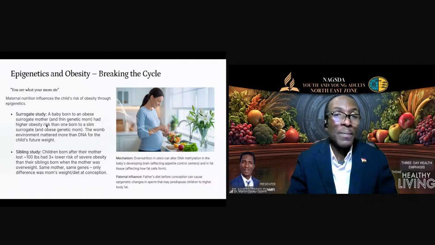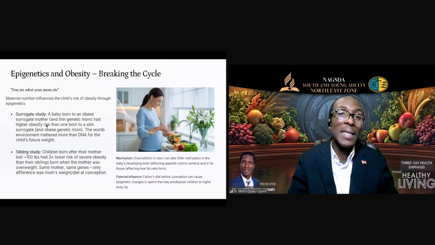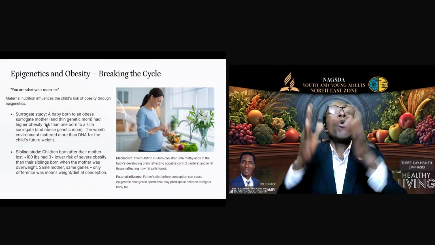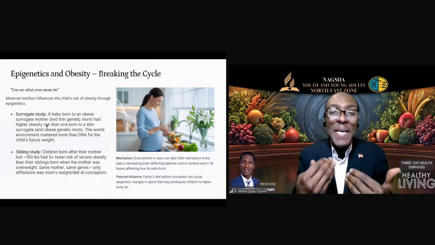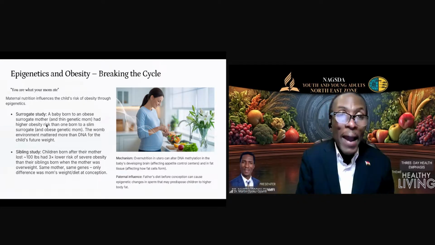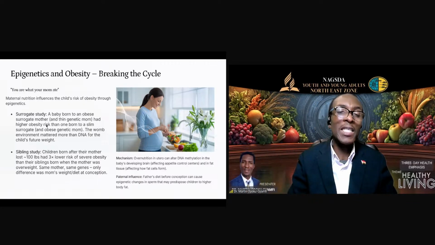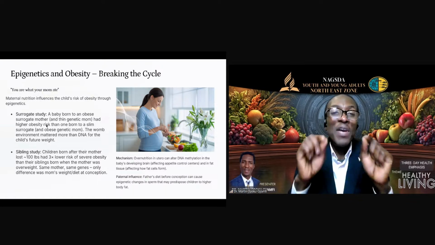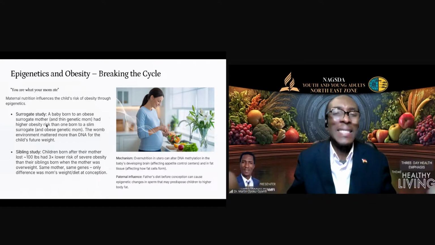Those children had higher obesity risk than the ones that were born to a slim surrogate mother and an obese genetic mom. So what this means is that home environment matters more than the DNA for the child's future weight. This is very fascinating. And the research is saying that the reason behind this is the epigenetic factors.